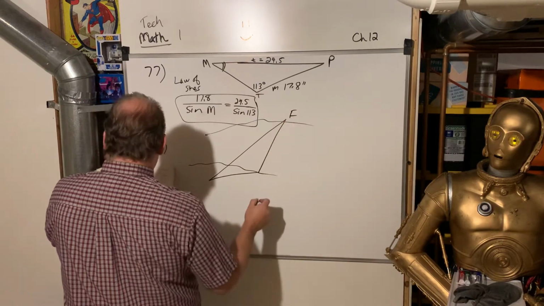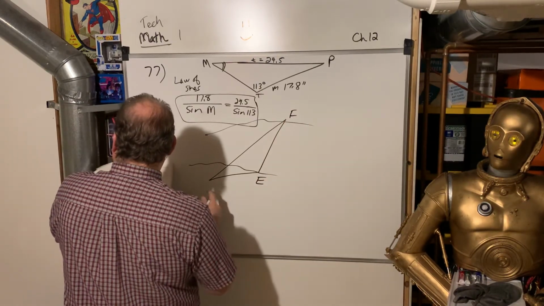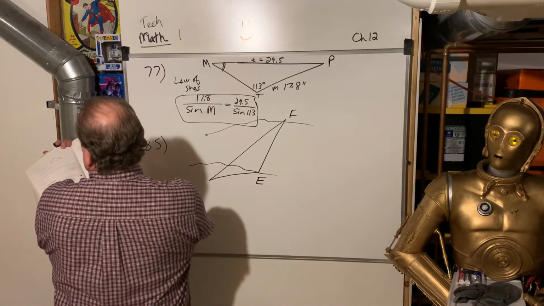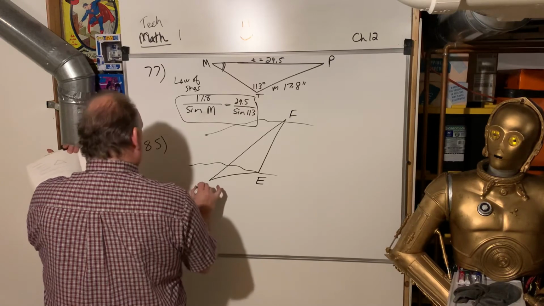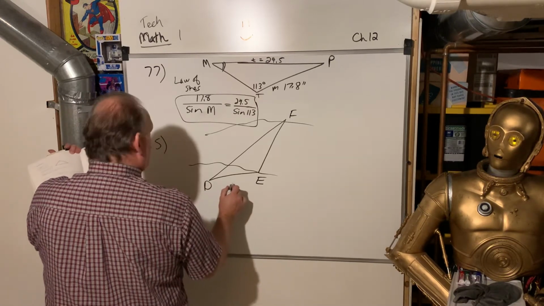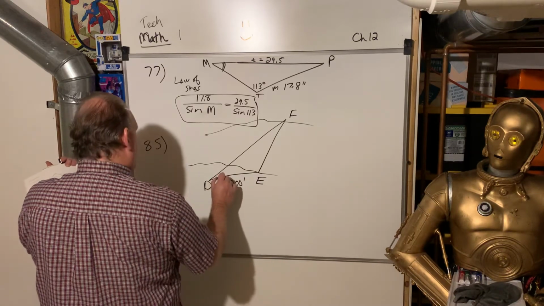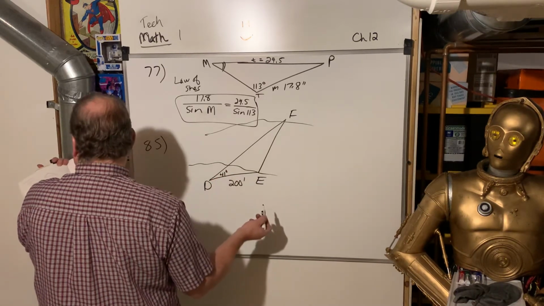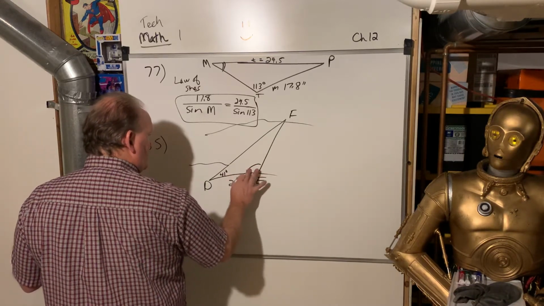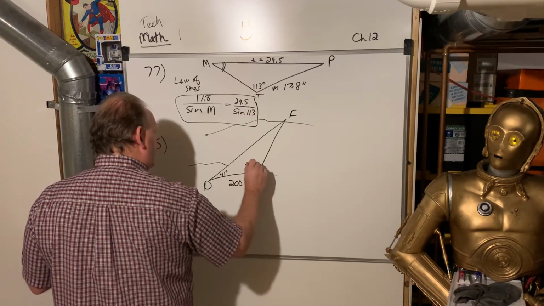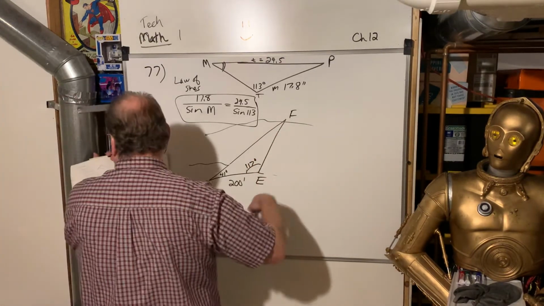They labeled that F, they labeled this E, and they labeled this D. And we know this is 200 feet, and we know this is 41 degrees, and we know this is 117 degrees. All right, and they want to know EF.